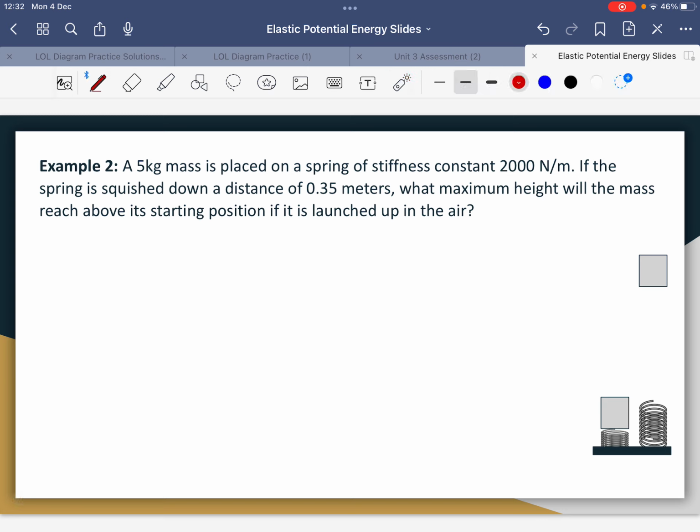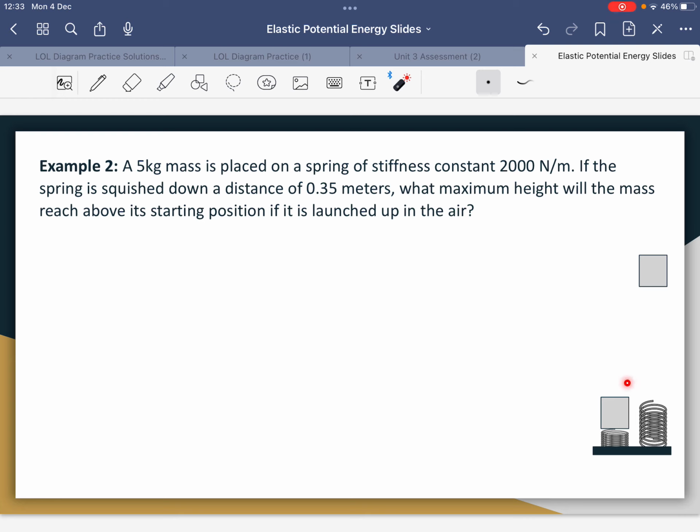Okay, so a 5 kilogram mass is placed on a spring of stiffness constant 2,000 newtons per meter. If the spring is squished down a distance of 0.35 meters from its equilibrium position, what maximum height will the mass reach above its starting position if it is launched up in the air? So basically we're squishing this down and shooting it off the spring.